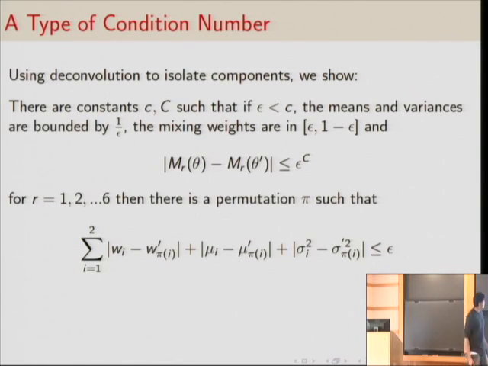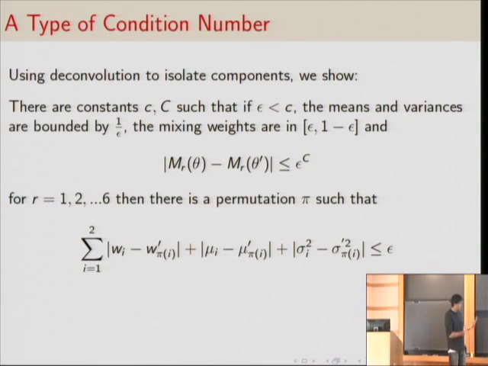It implies that there's a matching of the components in theta to the components in theta prime, so that across this matching, we get the mixing weights right, the means right, and the variances right, within some additive epsilon.